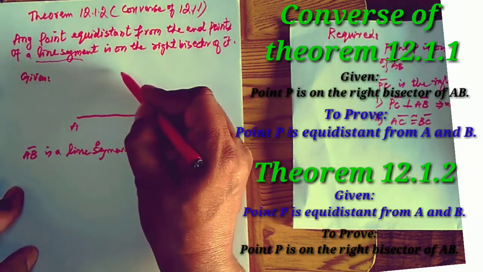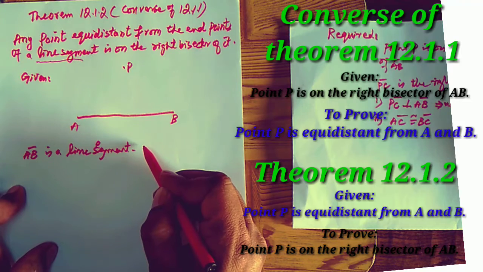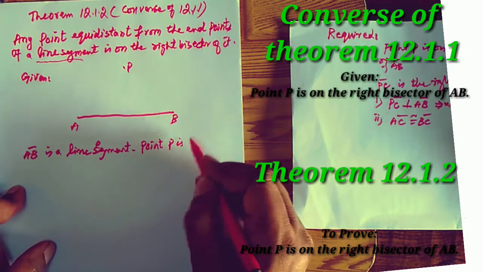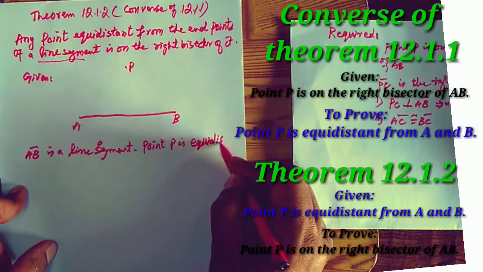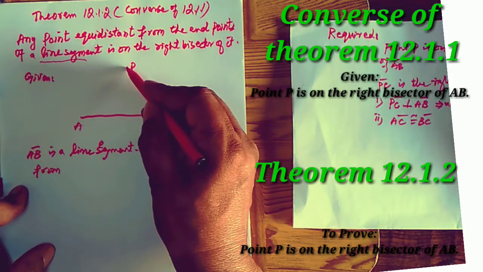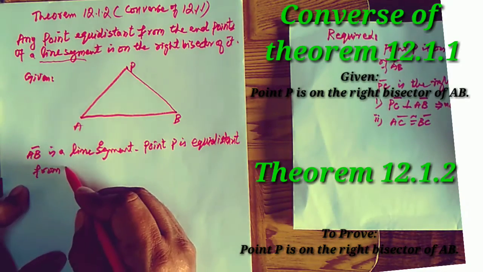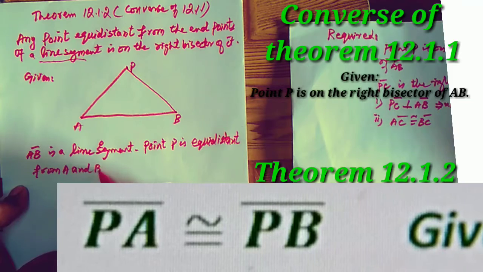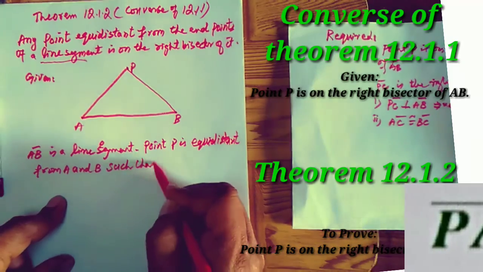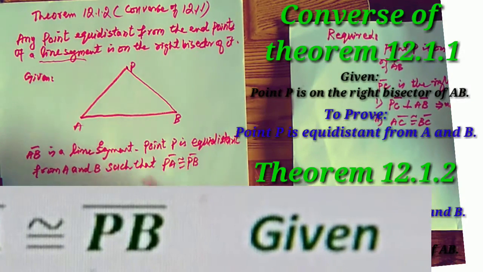Suppose we take any point P. Point P is equidistant from A and B, such that PA is congruent to PB.